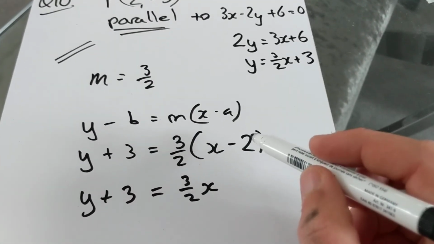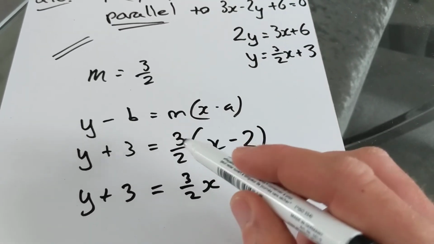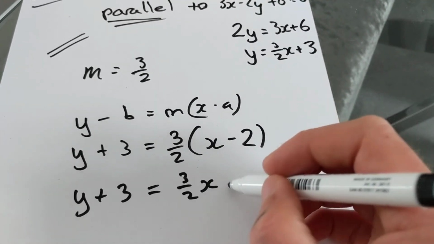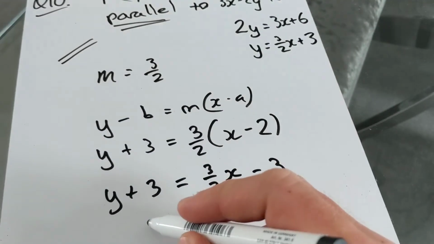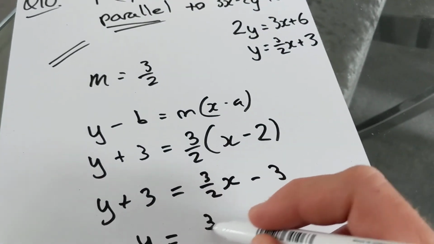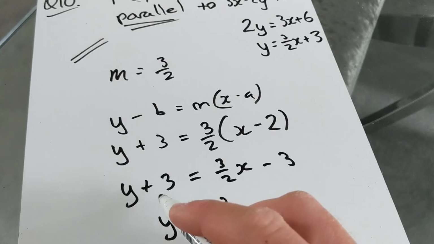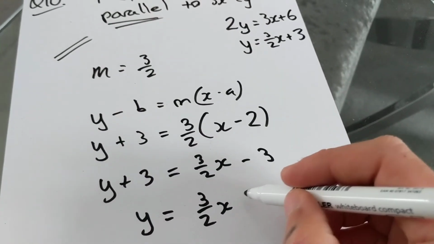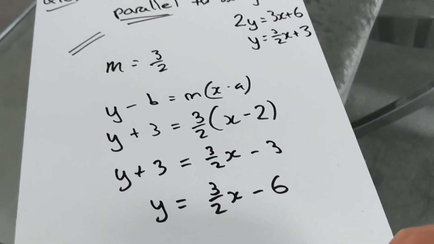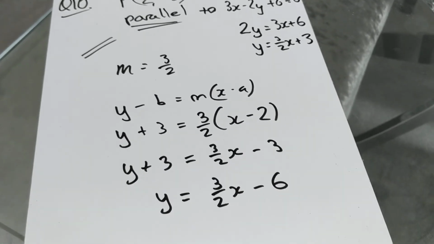Now fraction times a number means the number just times to the top, so it's minus 6 over 2, which is just minus 3. And then tidying that up, we have to take 3 off both sides, so it's going to end up minus 6 there. So that's the equation of your new line.